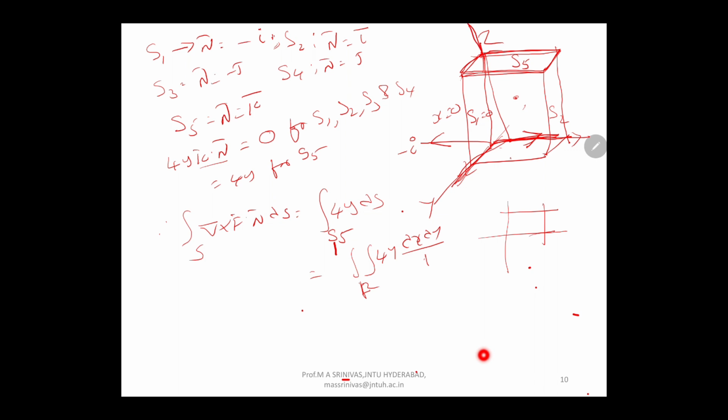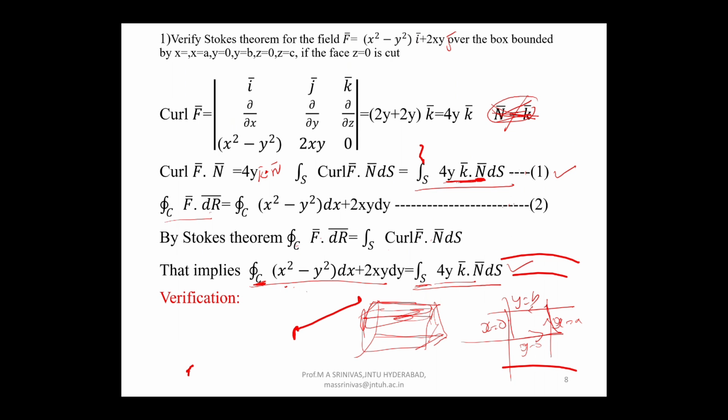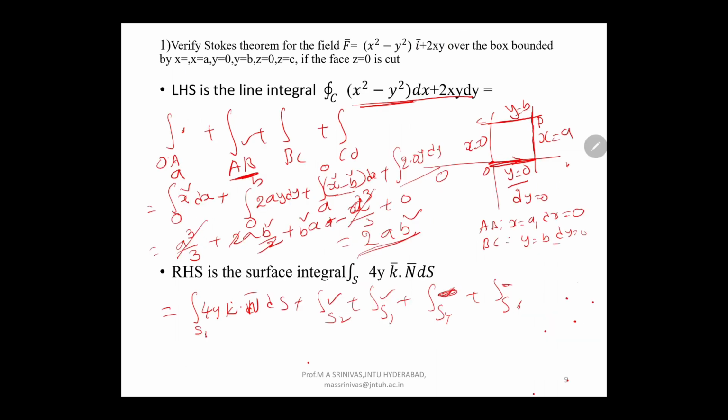Because for S5, the outward normal vector is k bar. So this is 1. The limits are from 0 to a and 0 to b, the x limits and y limits. So 4 times, for y the integral is y square by 2. If I substitute the limits for y, b square by 2, and the integral of dx is x. So this is equal to 2ab square. If you observe, previously also I got 2ab square as the line integral. So the line integral value and the surface integral value are the same.